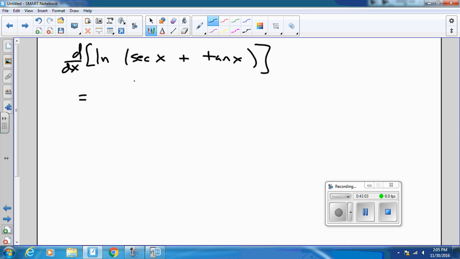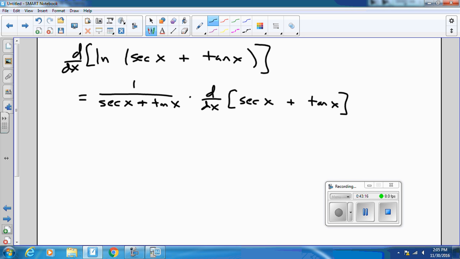1 over secant x plus tangent x, times the derivative of secant x plus tangent x, which is derivative of secant x plus derivative of tangent x, which is secant x tan x plus... no, it wouldn't be co anything.